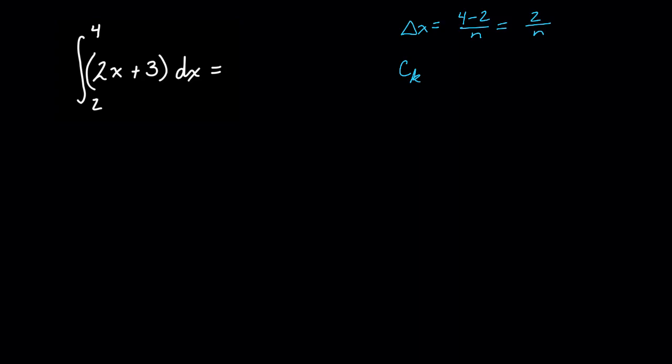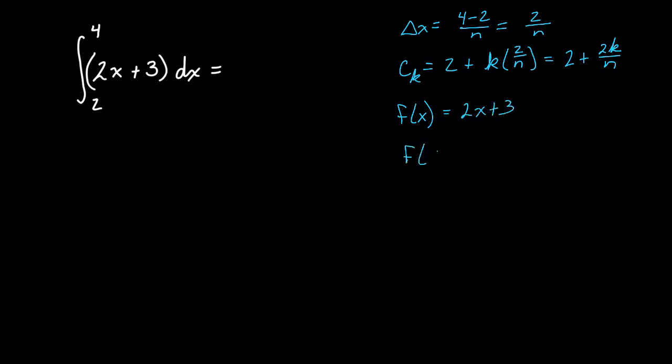C sub k is the lower bound, 2, plus k times delta x, which would be 2 plus 2k over n. Now f of x is 2x plus 3. So f of c sub k we would get by taking c sub k, putting it in place of x.